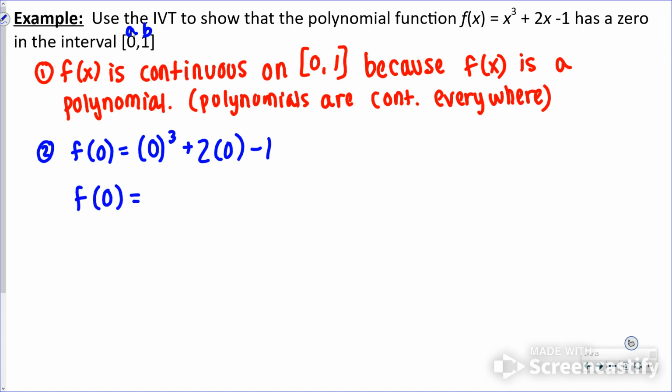F of 0 is negative 1. Okay, so there's my output at the left end of my interval. Then I've got to find f of b, so we're just going to come over here. So f of 1, plug it into your equation. You get out 2.